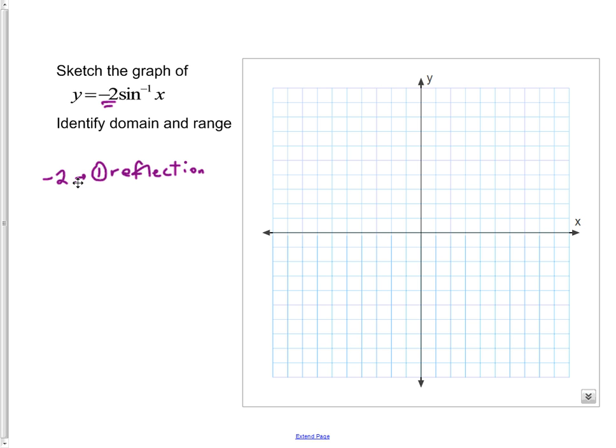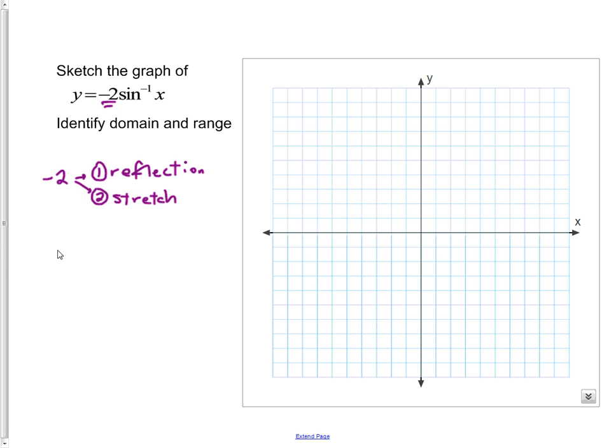And number two, there's going to be a stretch of the original graph. I'll deal with the stretch first. What the stretch does, if it's y equals negative 2 times the inverse sine of x, what we're saying is that whatever y values we might have had before, we're going to multiply those by 2.